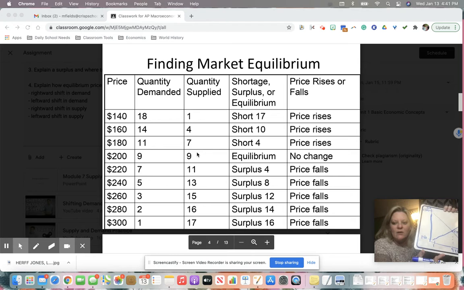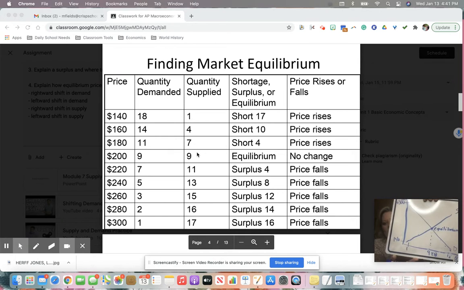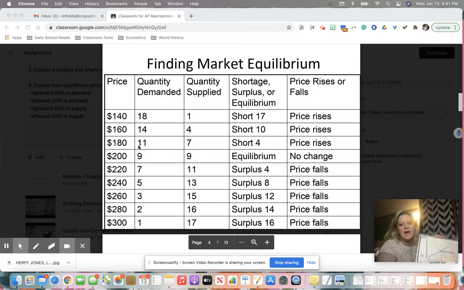Then you should notice that your equilibrium price, if 9 is the equilibrium, then the price at which we are equal is $200.